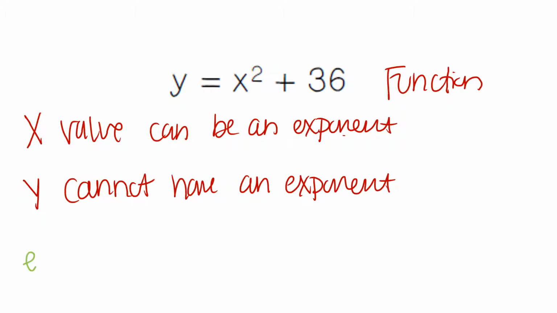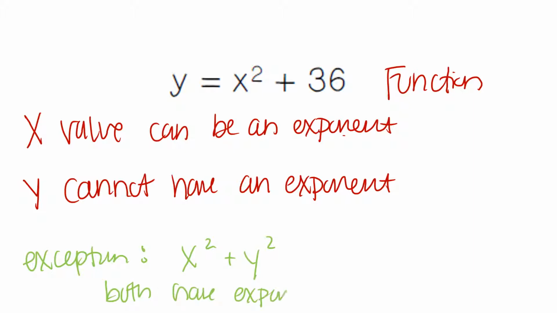The only exception is if you have x squared and y squared. So x has an exponent, so that is fine. The y value cannot have an exponent unless both of them, x squared and y squared, have exponents. So in this case, this is a function because x has an exponent, but y does not.